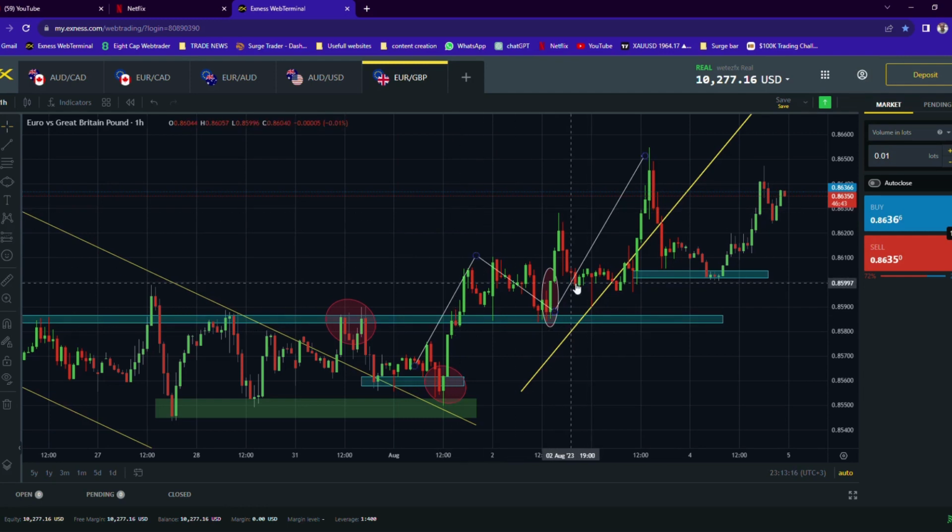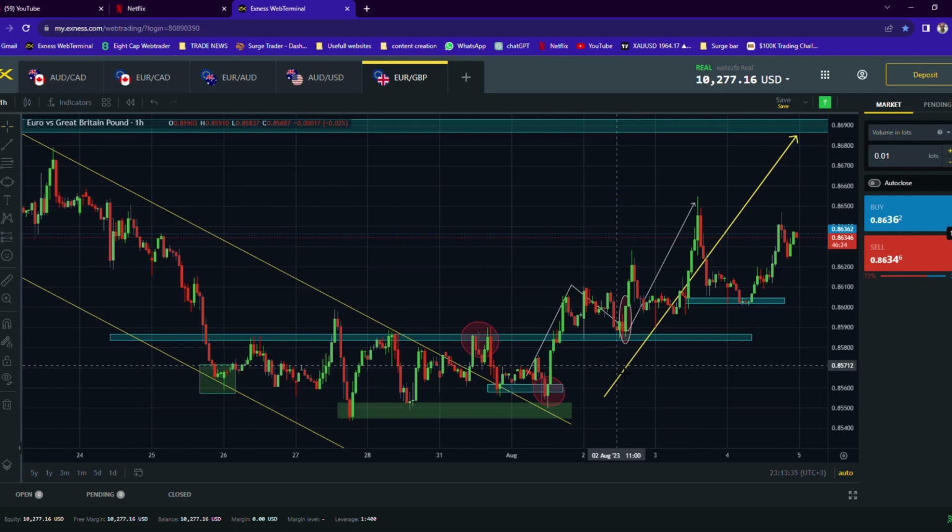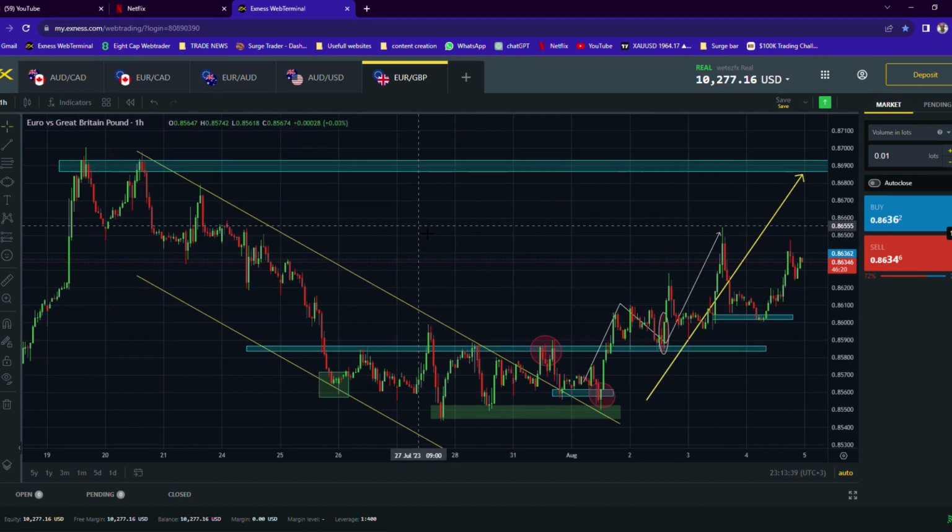And the good thing is it moves slowly, so even your risk management will be easier. You'll risk 15 to 20 pips and target 20 to 30 pips, so 1 to 1.5 or 1 to 2 risk reward. So that is one example of how to get a setup for a parallel trend.